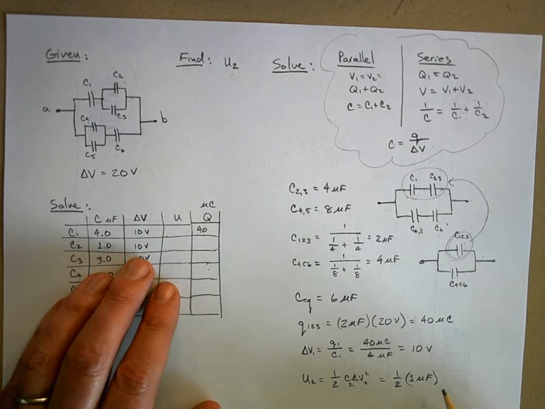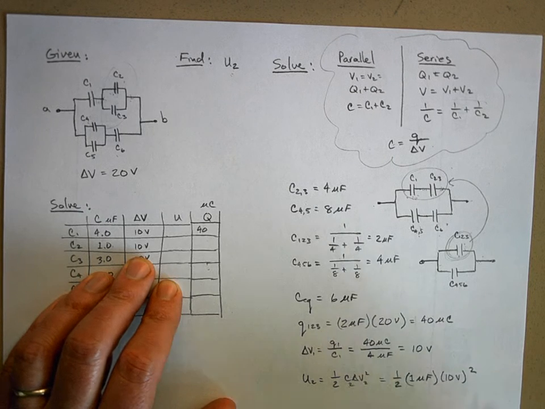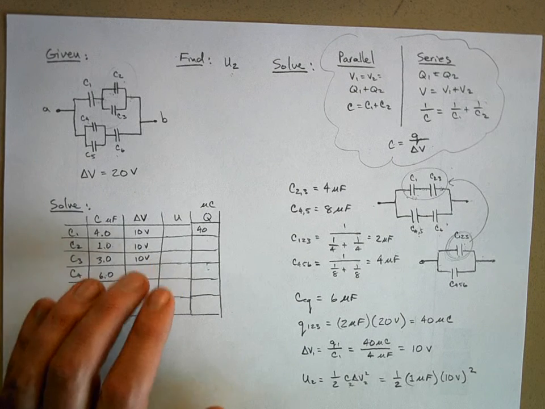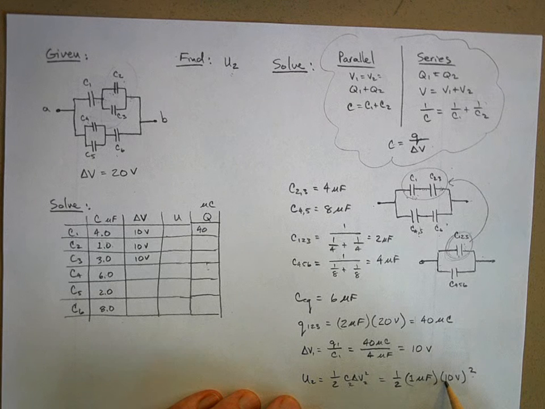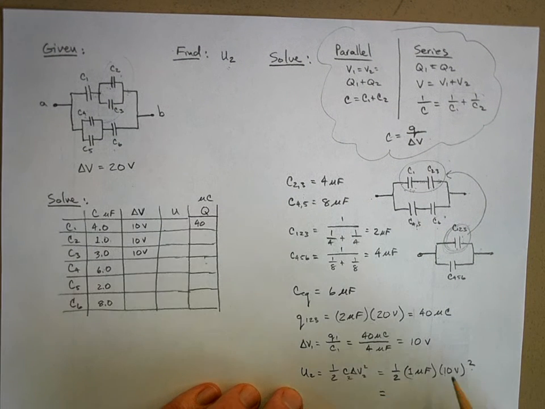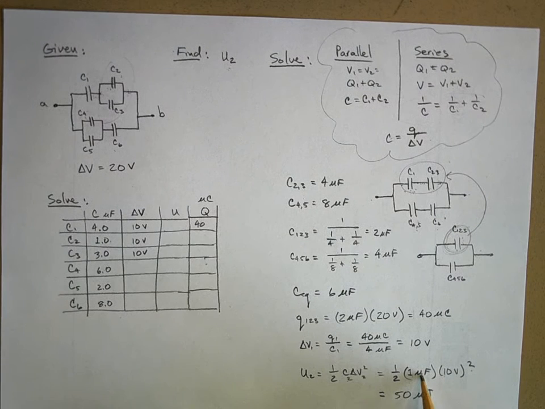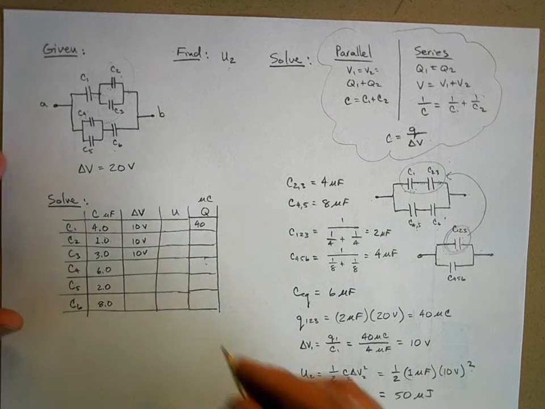And then what's its voltage drop? 10 volts squared. So that's 100 times 1 divided by 2. So that's going to be equal to 50 microjoules. Right? We keep the micro. And that's my answer.